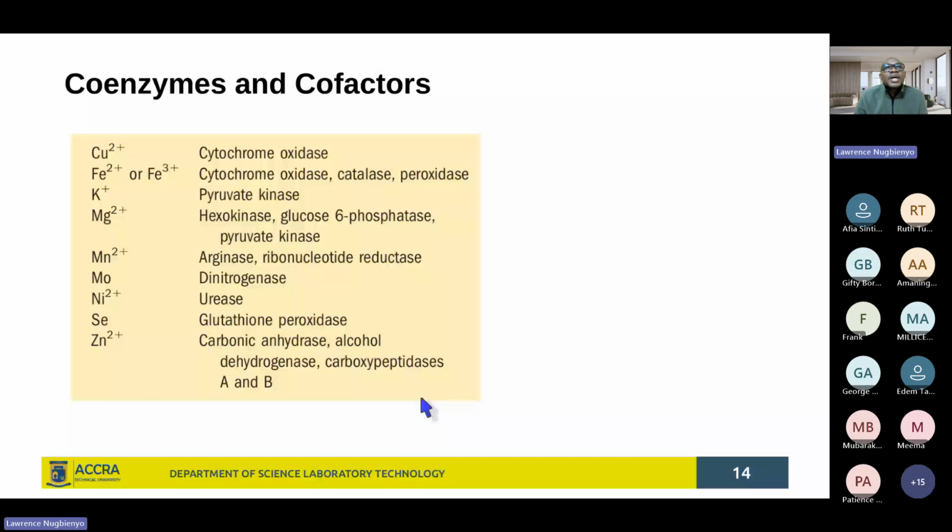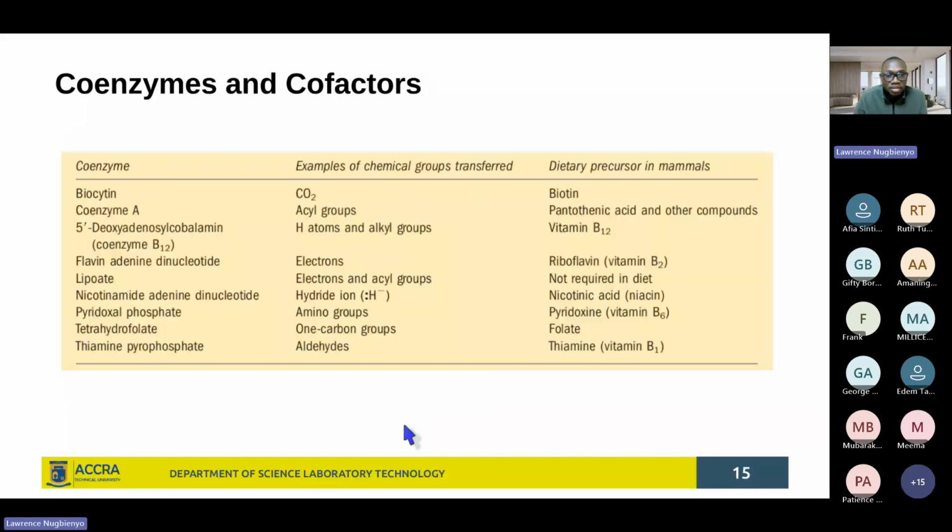You should notice that a lot of times you have some vitamins or even some food supplements with minerals. And if you go and look at what those minerals are, you see the minerals are these metal ions, because these metal ions are required for several functions in the body. Now we can move on to coenzymes.